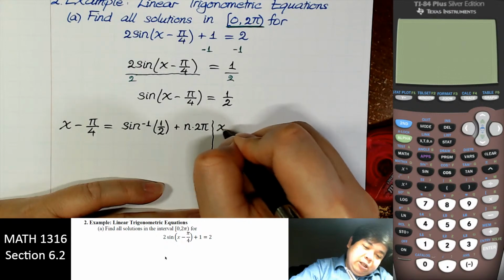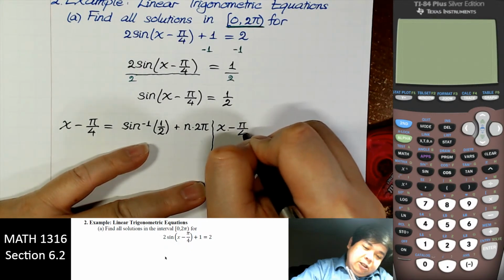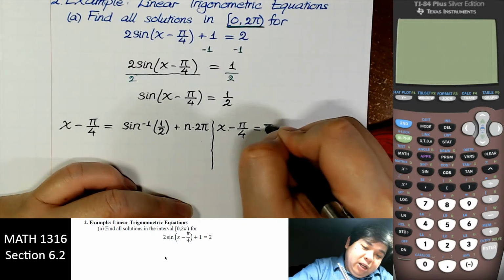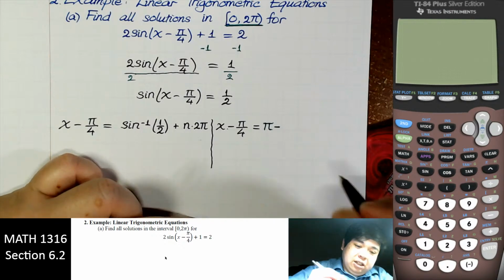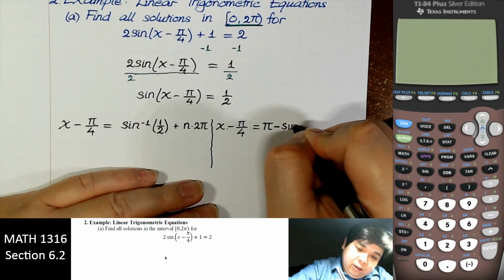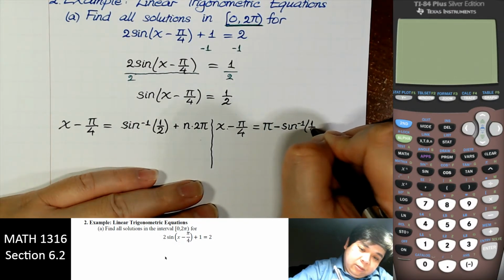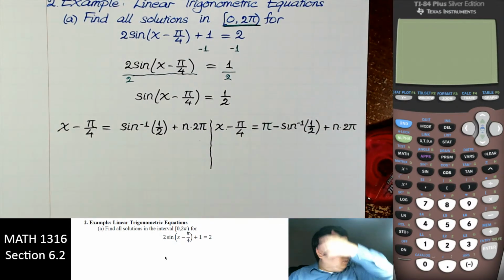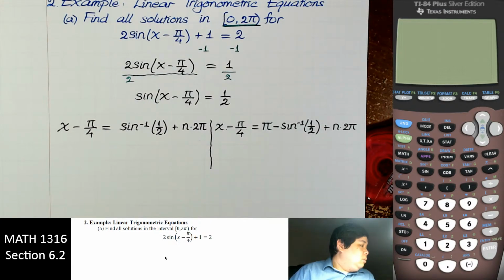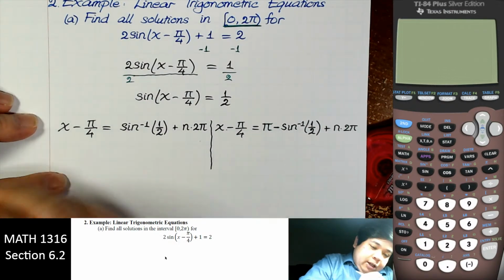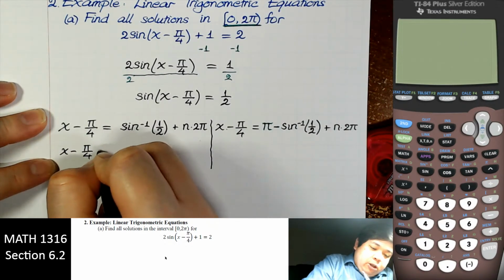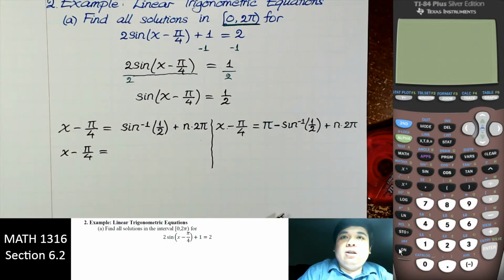The other solution is the supplement to it, meaning subtract from pi. So we have x minus pi over 4 equal to sine inverse of 1/2.